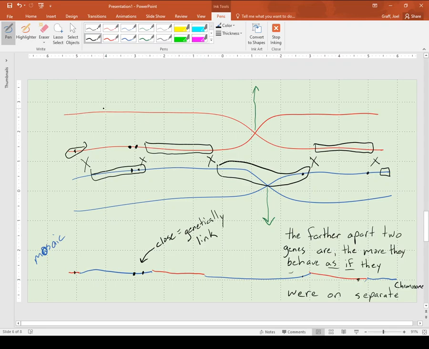So the final thing that I talked about was that genes on a chromosome can be mapped by following many organisms over many generations.